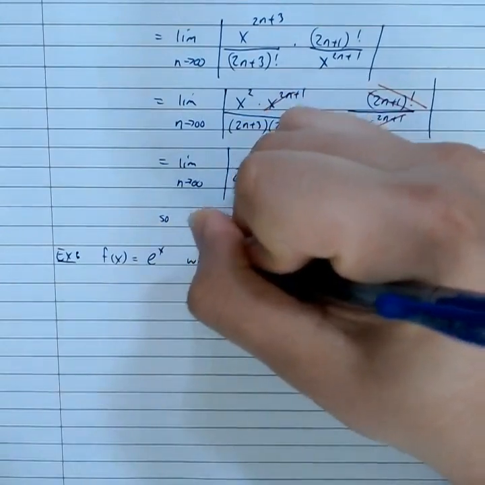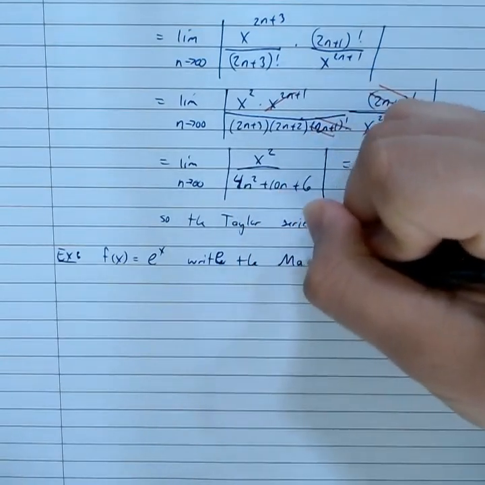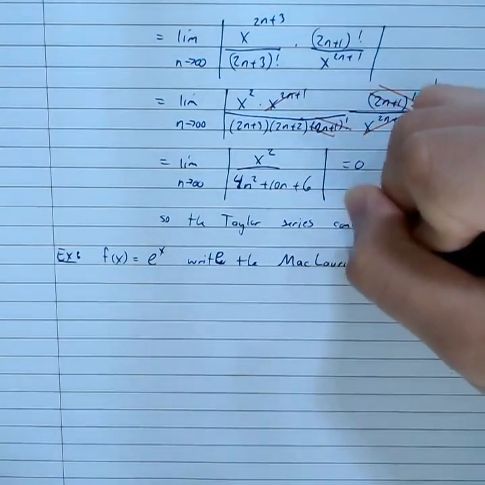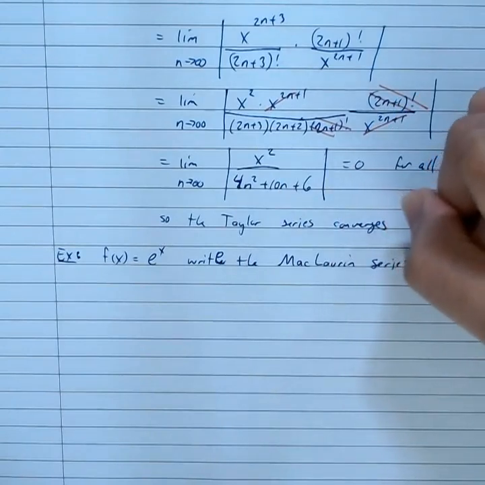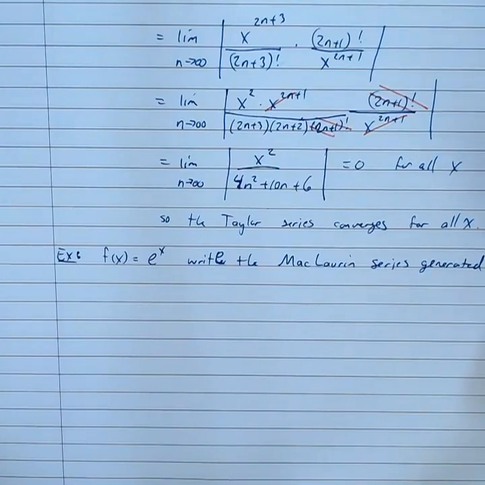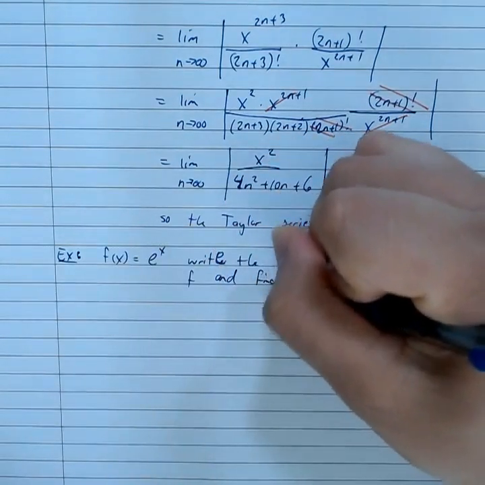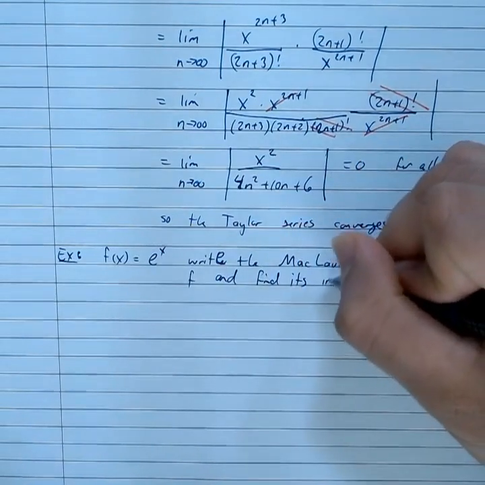Go ahead and write the Maclaurin series, again, centered at 0, generated by f. And find its interval of convergence.